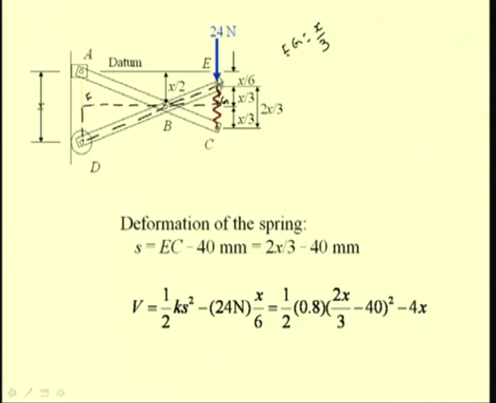Because this force, 24 Newton force, is always a vertical force, this can be considered as a conservative force, and we can associate a potential energy with this force also, which is given by force times the location of the force with respect to the datum, which is x by 6.